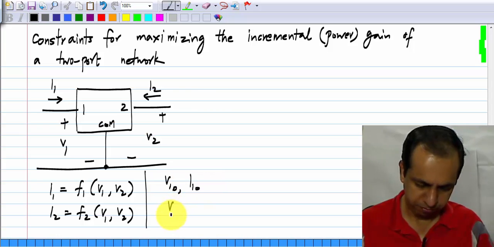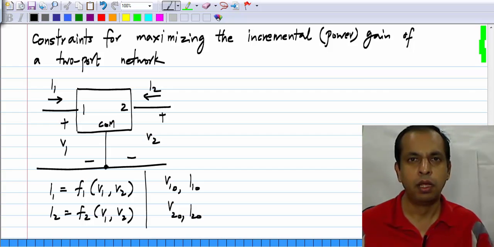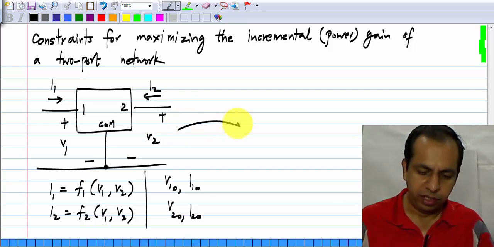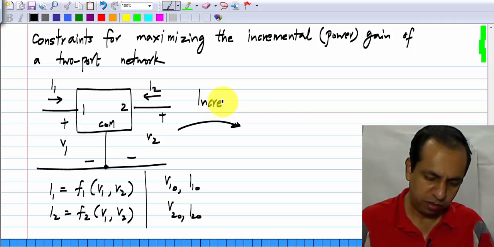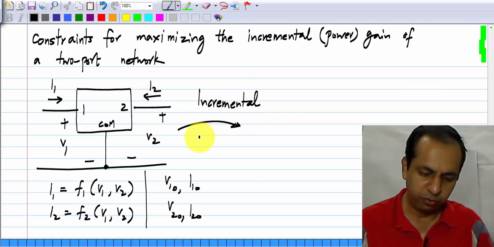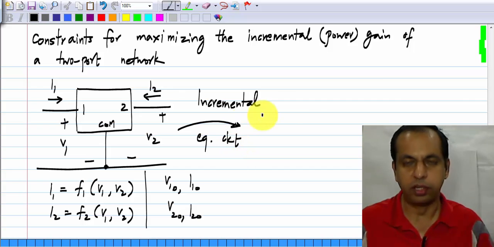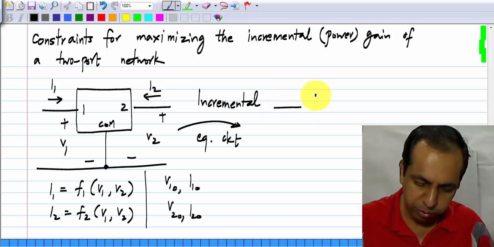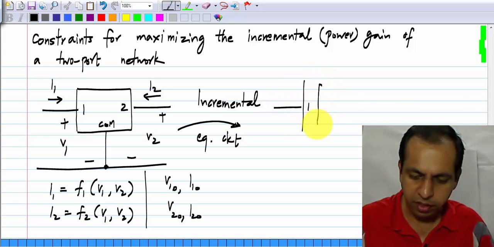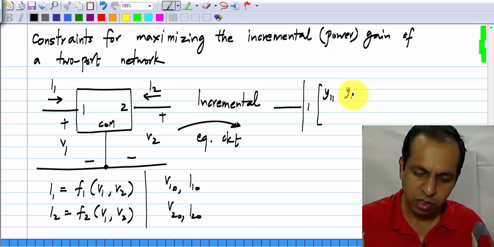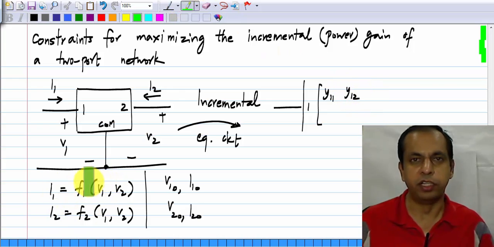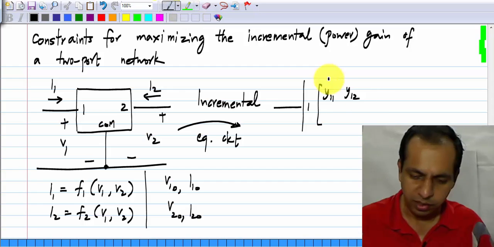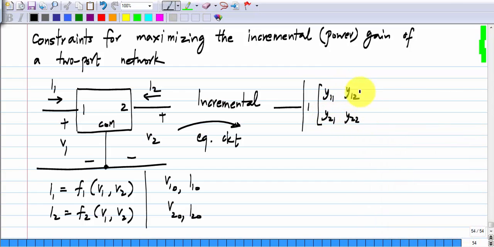So at the operating point we have the port 1 and port 2 currents. Now if we take the incremental equivalent circuit around the operating point, what do we have? We know that it is going to be a linear two-port, and because we have here currents as functions of voltages, in this case we will have Y parameter description.